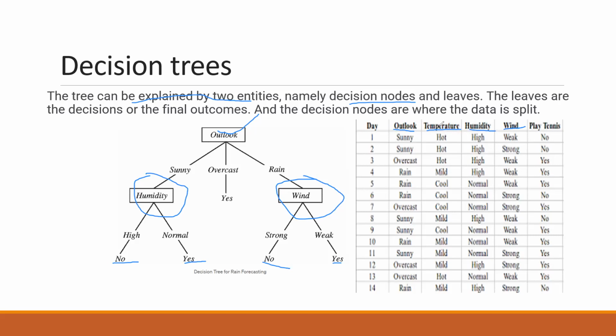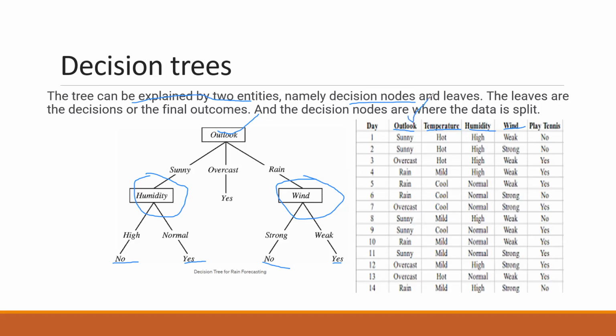Now we are given a problem that we have to identify whether this person is able to play tennis or not. Whenever we are creating decision trees, we use two mathematical formulas, entropy and information gain, on the basis of which we get to know which node will become the root node and how the further features will be assigned.